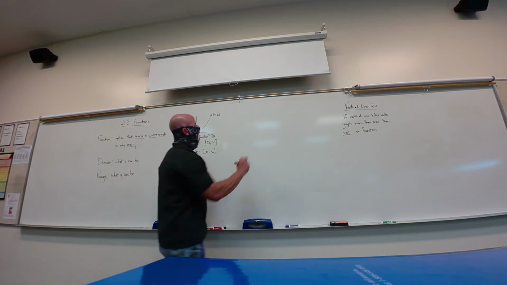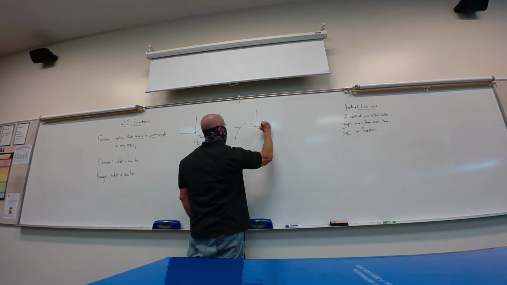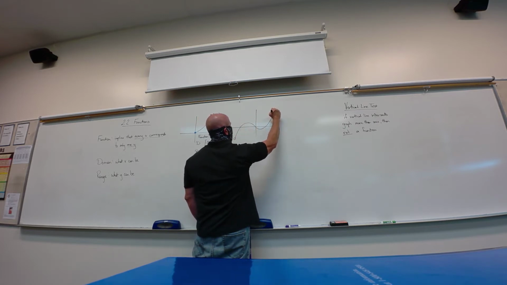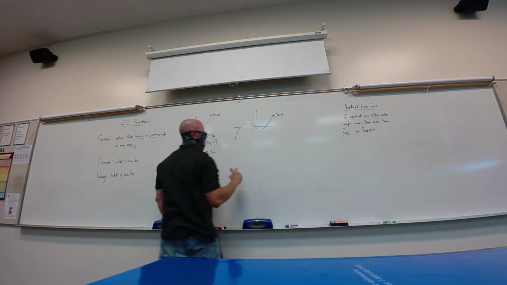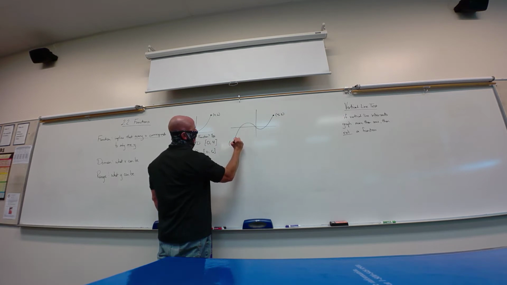Let's give it a different look. I'm going to say that point is 5, 3. And I'm going to say this point is -7, -5.